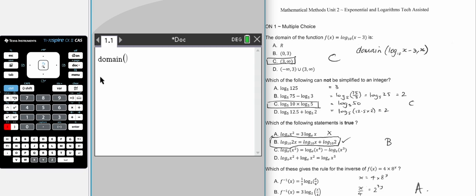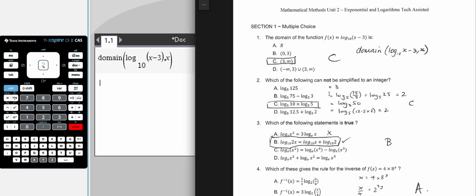We've done this previously when we've been doing graphing and stuff. Maybe you didn't remember about this, but again, you could have just done that. Okay, you could have graphed it on your CAS. All right, so we know that it's going to be C.